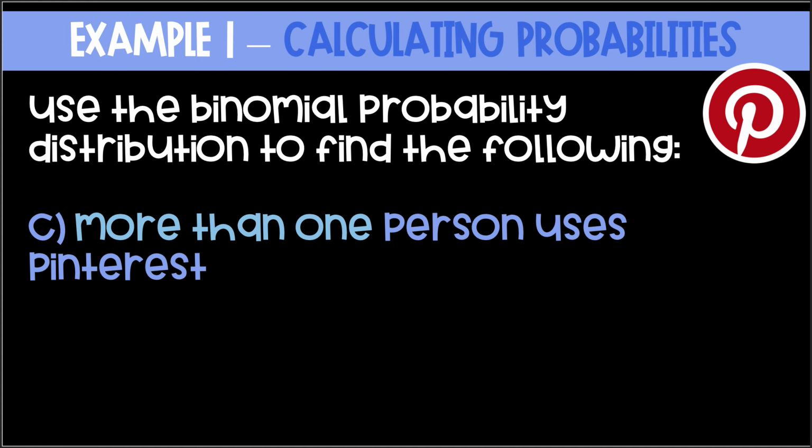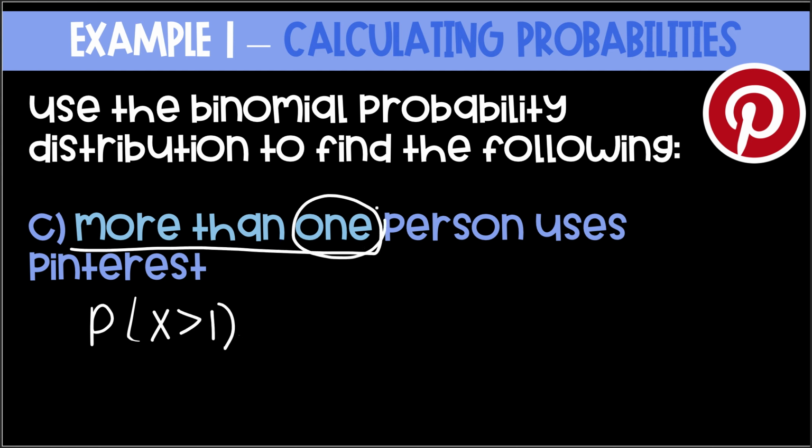Now let's use the binomial probability distribution to find the probability that more than one person uses Pinterest. I want the probability that x is greater than 1. More than 1 does not include that 1.